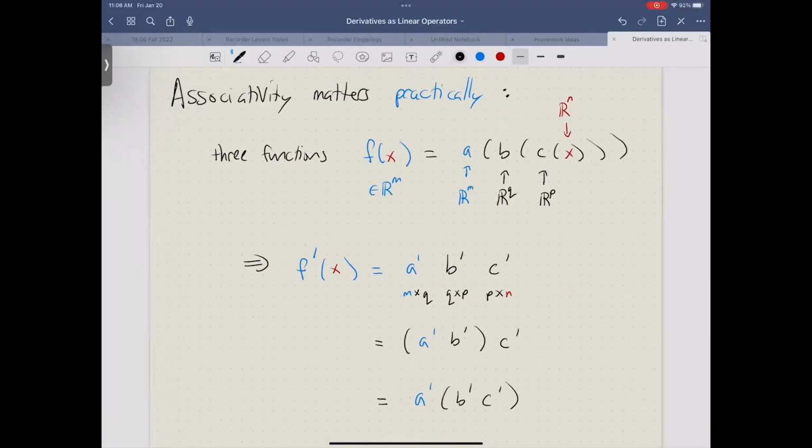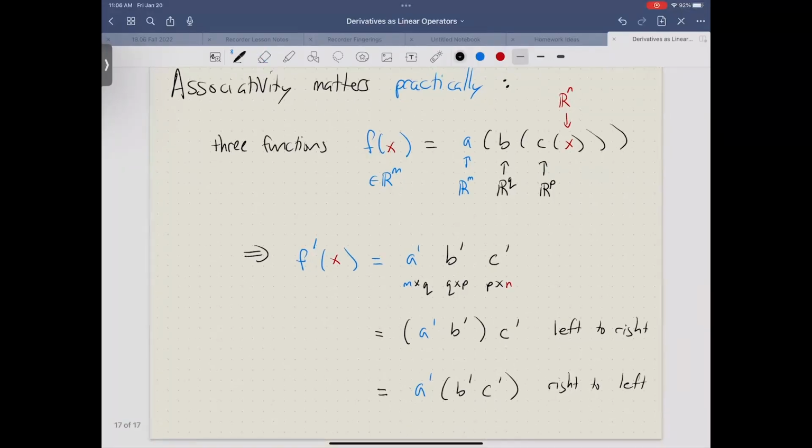or right to left. So this is doing it left to right and right to left. And it seems like, who cares, right? You just do it in whatever order is convenient.